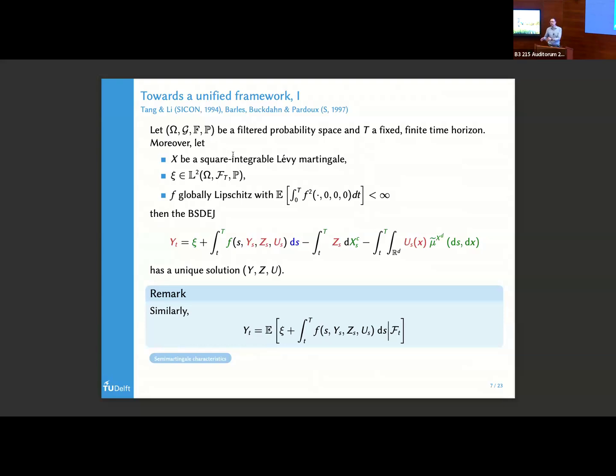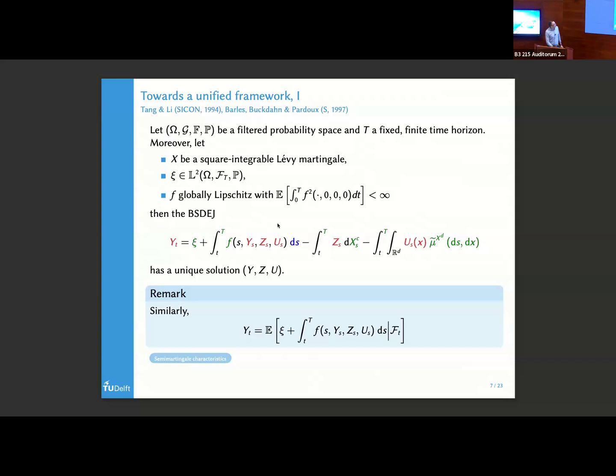So you have a diffusion component and you have a purely discontinuous component. And then, of course, the form of the BSDE changes a little bit. So you have an integral with respect to your continuous martingale part, you have an integral with respect to the jump part, you have this finite variation part in the terminal condition, but you can more or less carry through with the same program and prove existence and uniqueness results.